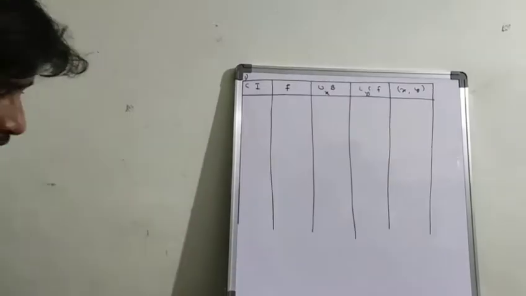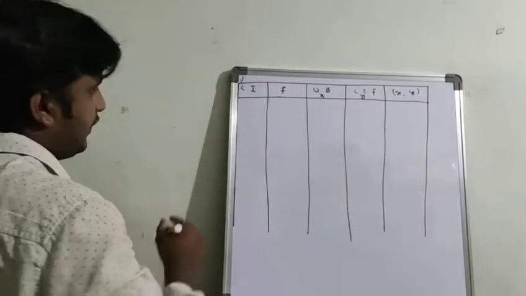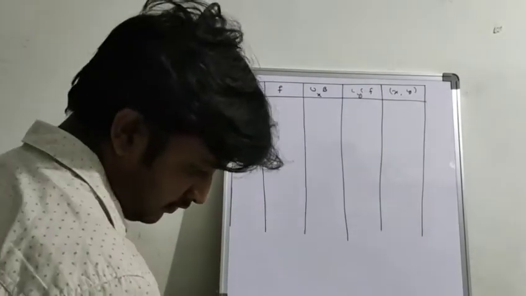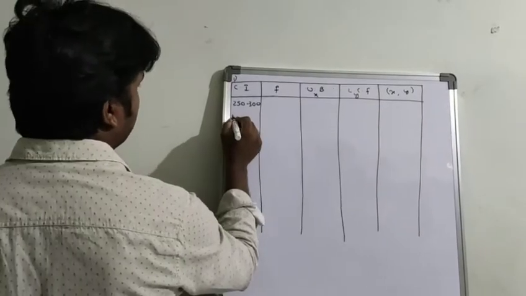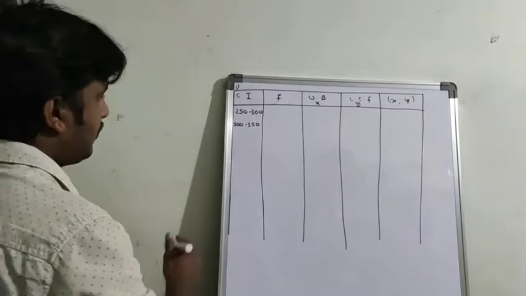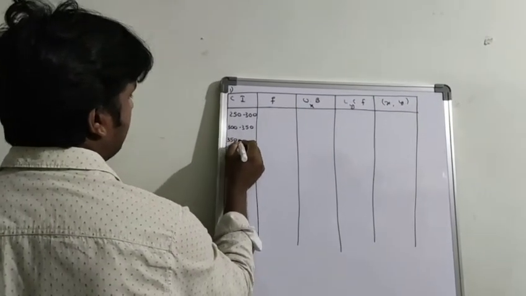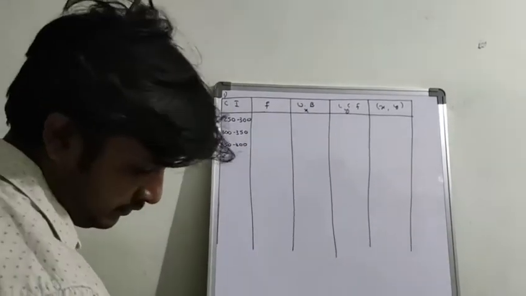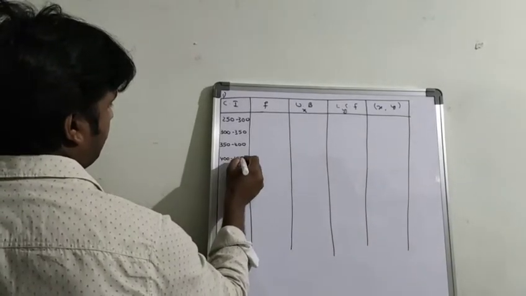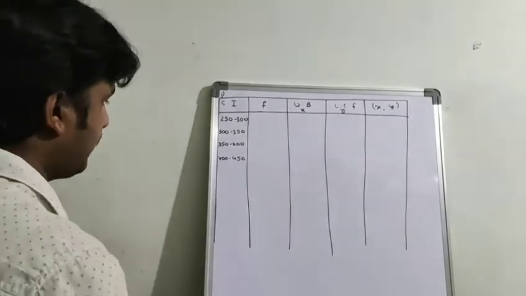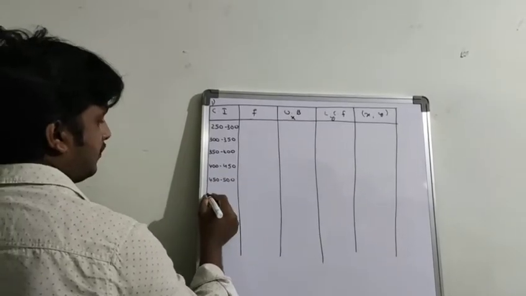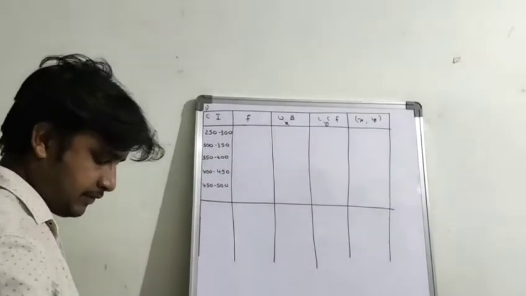So see here, first from the question: 250 to 300, 300 to 350, 350 to 400, 400 to 450, and 450 to 500.